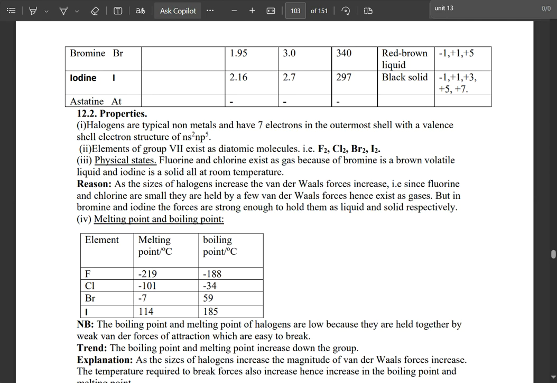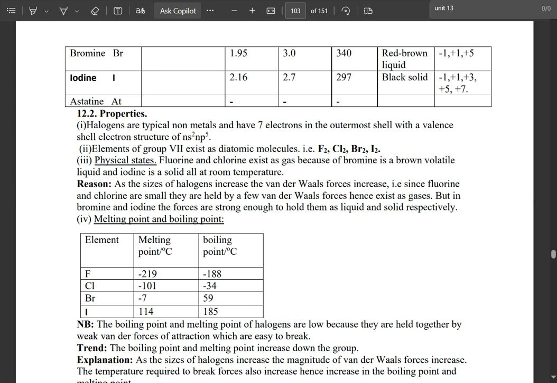As we continue, we see the melting points of these elements. They have different melting points. Fluorine has the lowest melting point, which means it has high volatility, more volatile than the other gases. Chlorine follows fluorine in melting point.